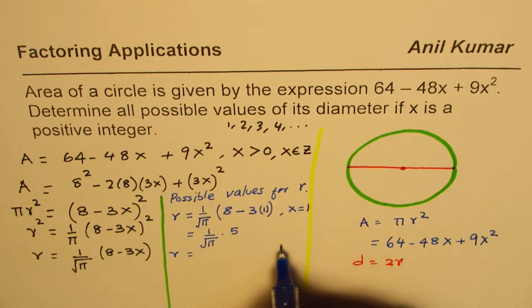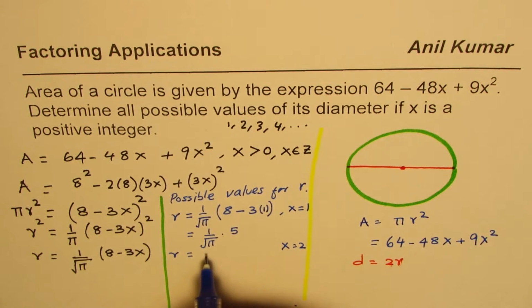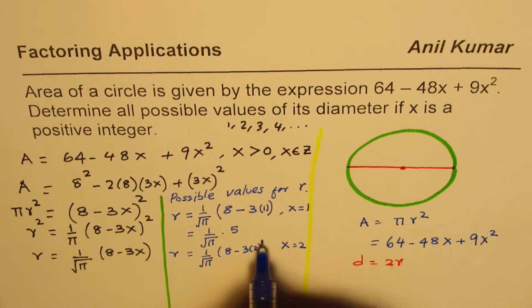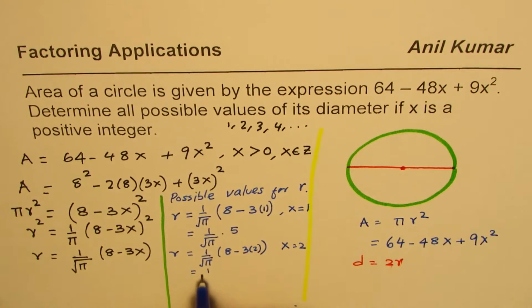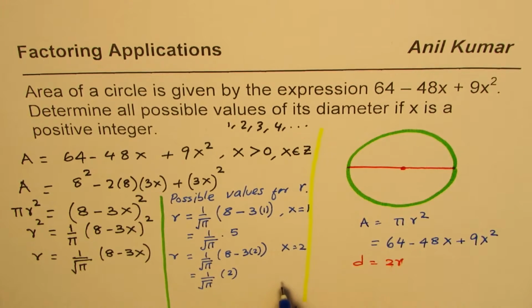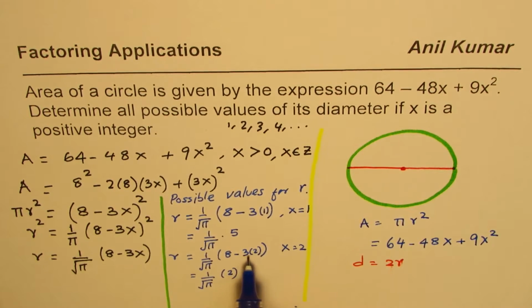What happens when x is equal to 2? If x is 2, we get 1 over square root of pi times 8 minus 3 times 2, and that is 1 over square root of pi times 8 minus 6, which is 2. So we get 2 over square root of pi. And we know x cannot be 3, since for 3, we get a negative value.